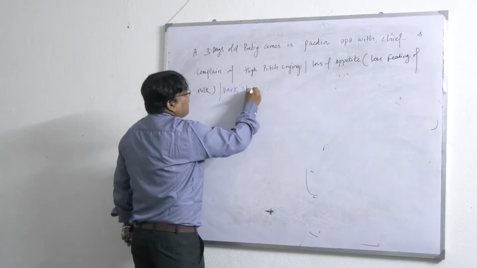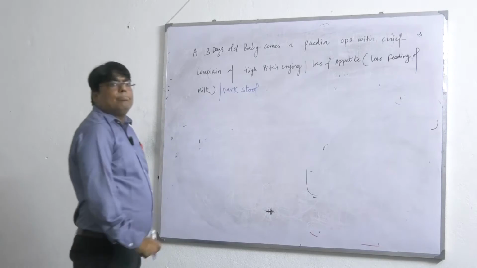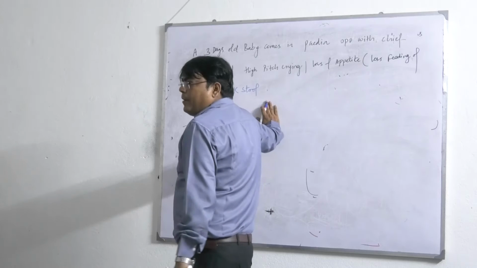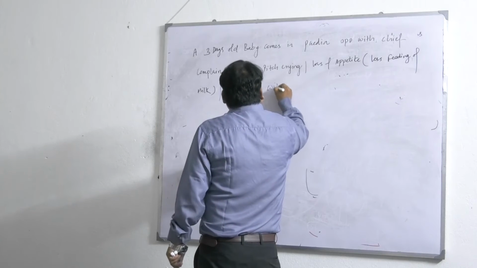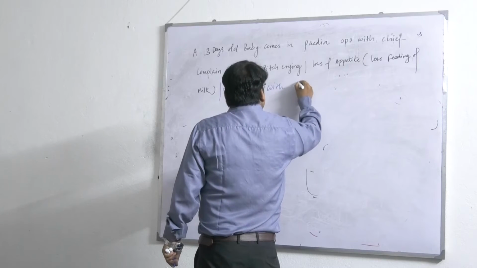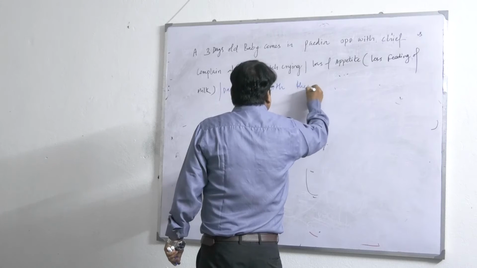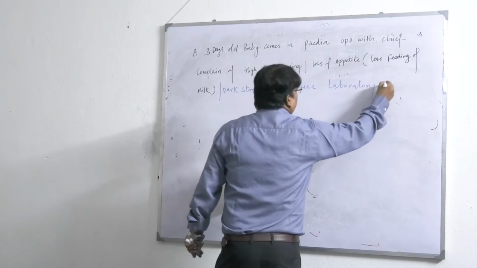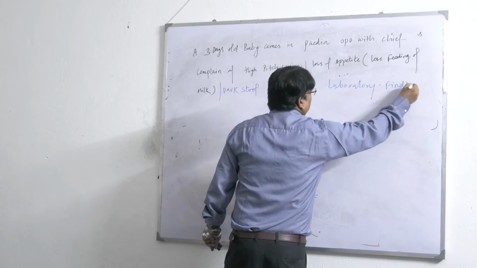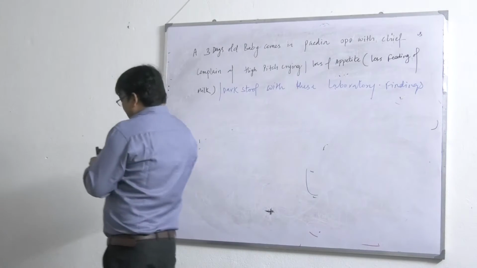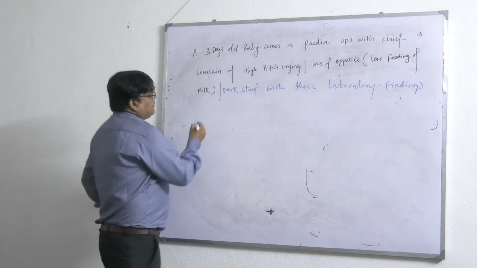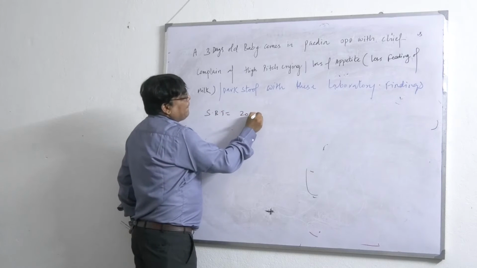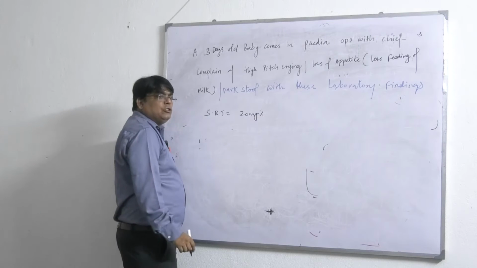And dark stool, with these laboratory findings. Serum bilirubin total is 20 milligram percentage.